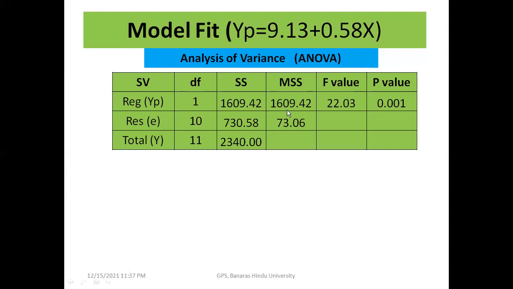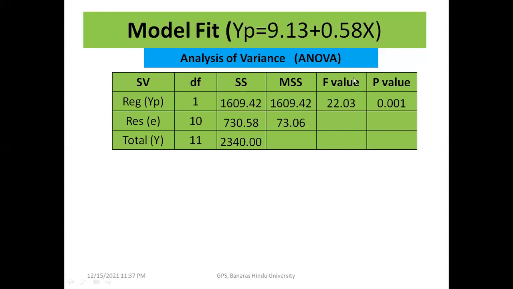Now we calculate mean sum of square. Mean sum of square is calculated by sum of square divided by the corresponding degree of freedom. So there will be no change in the mean sum of square of regression. But here it will be divided by 10, so it will be 73.058.